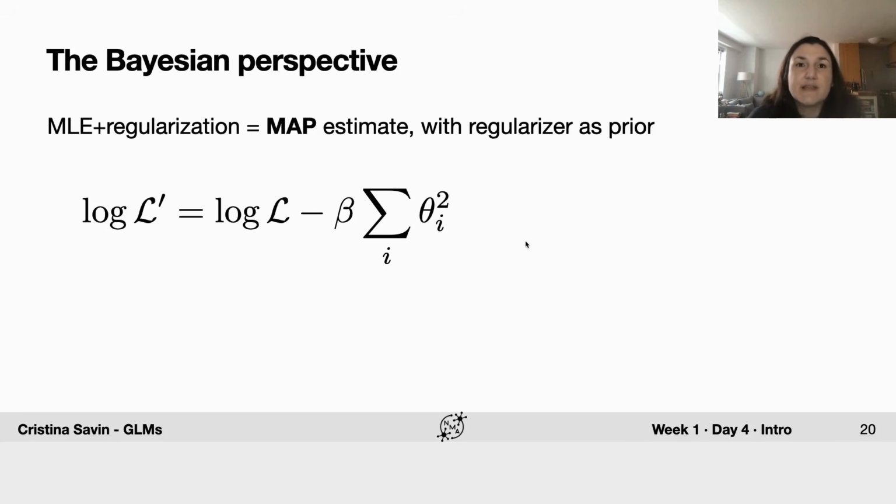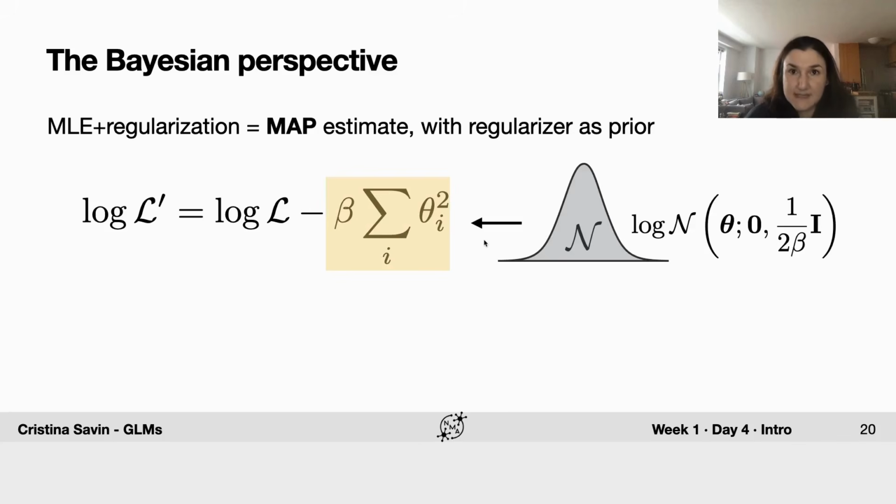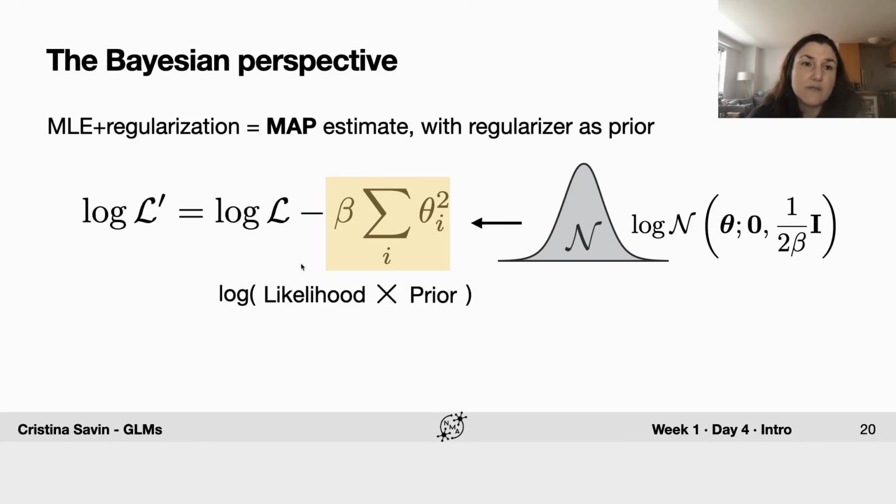But just to break it down in mathematical components, the general idea is that you can write the regularizer as yet another probability distribution. Specifically for the L2 norm, this term corresponds to the log of a normal distribution with zero mean and some beta-specific variance. Okay, so why does it matter? Again, we have a sum of logs, which is the same as the log of a product, where the first part corresponds to the likelihood, and the regularizer part can be interpreted as the prior.